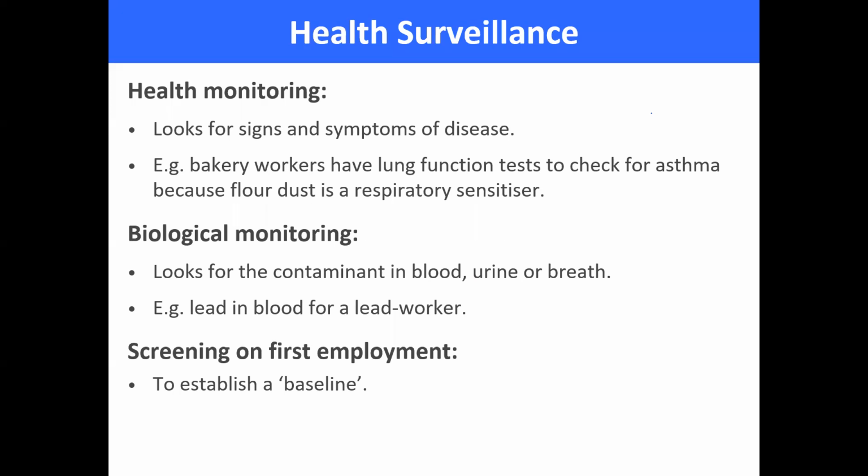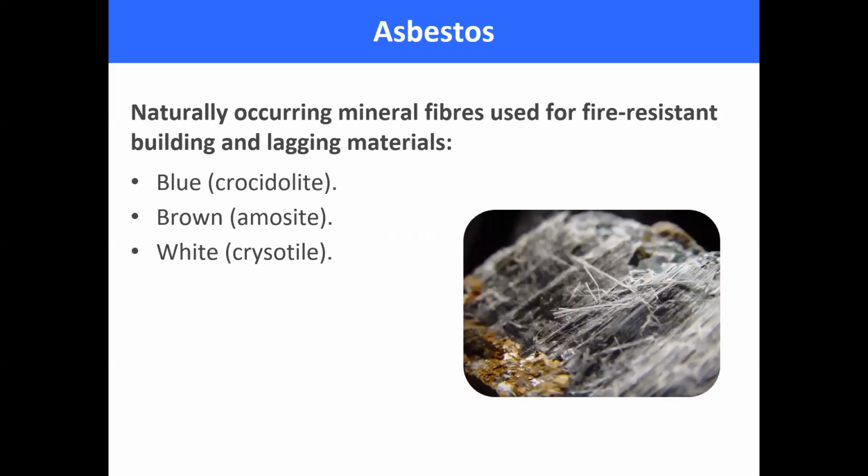Biological monitoring looks at contaminated blood, urine, or breath, and checks the level of various substances in your blood. So regular tests are conducted. Screening is done to establish a baseline, and then you carry out tests to understand how much damage, how much ill health the workers have gone through during the course of their employment.